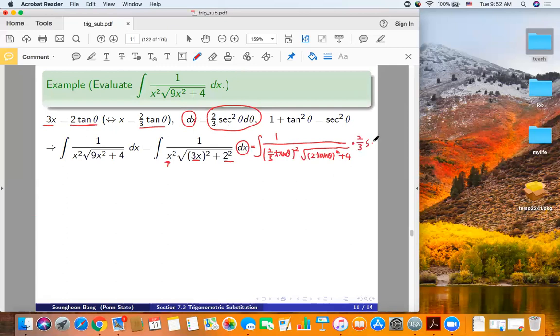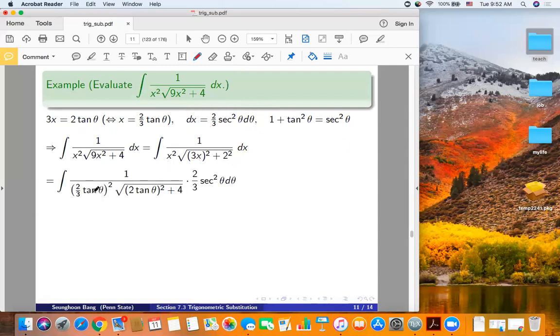So (2/3 tan theta) squared is 4/9 tangent squared theta. And (2 tan theta) squared is 4 tangent squared theta. You can change the next.